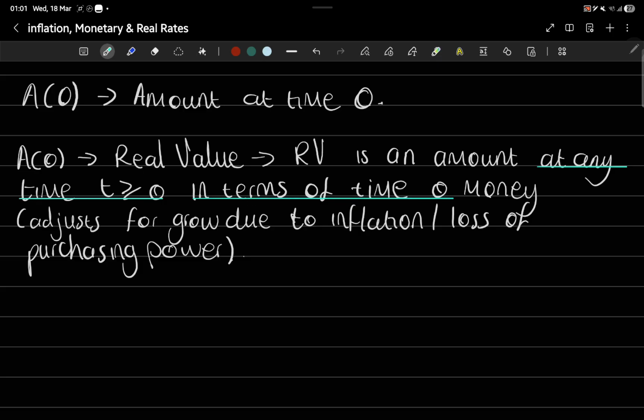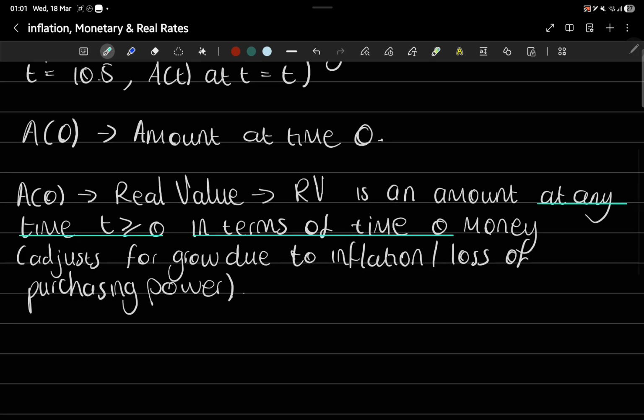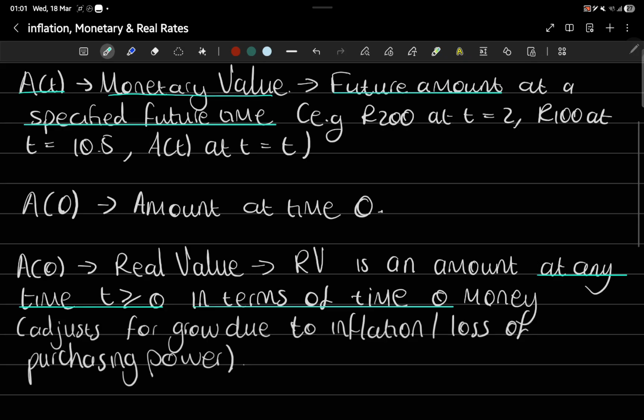So any amount at any time t that is expressed in terms of the present purchasing power of that money, then that value given is a real value. It adjusts for growth due to inflation, or you can say that it adjusts for the loss of purchasing power. That's another way to put it.